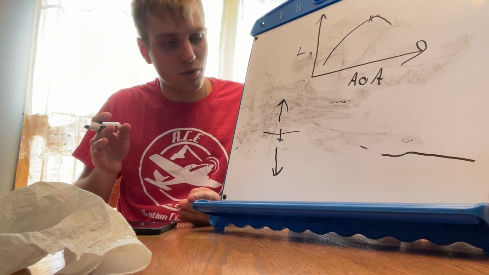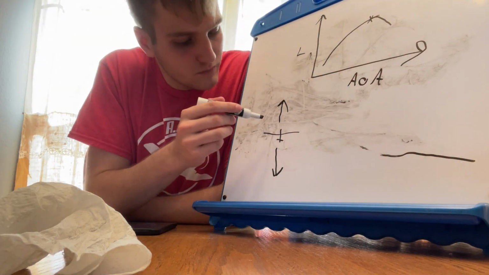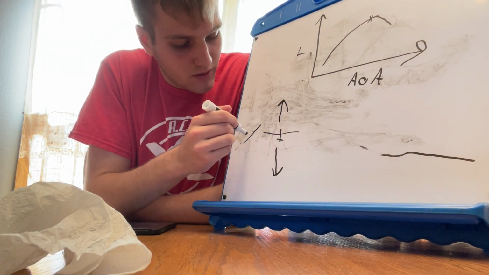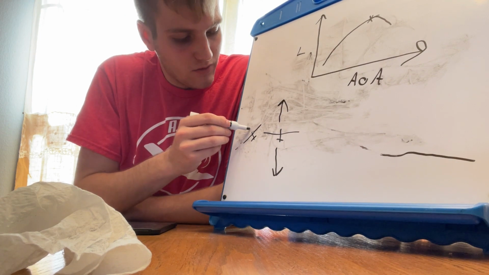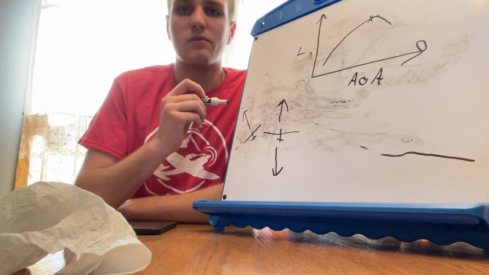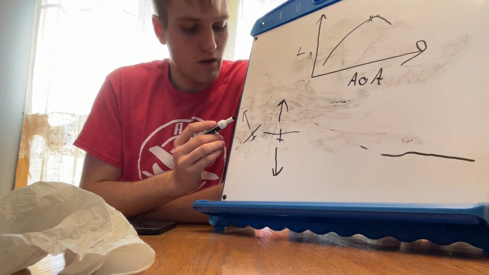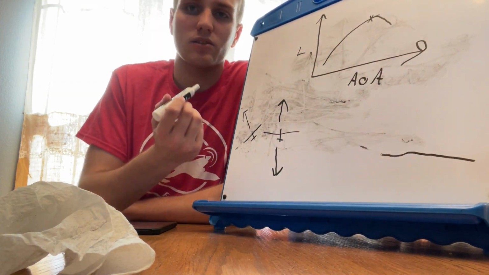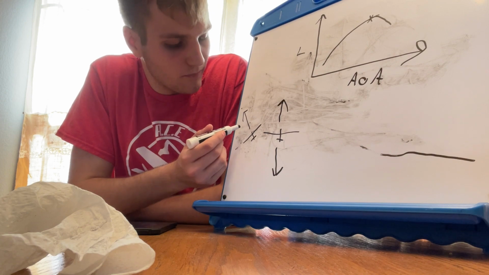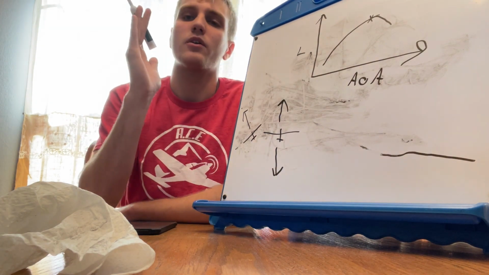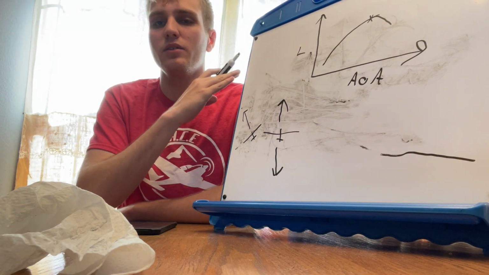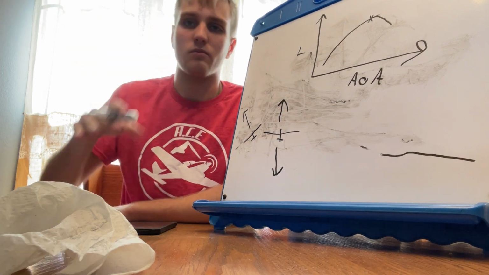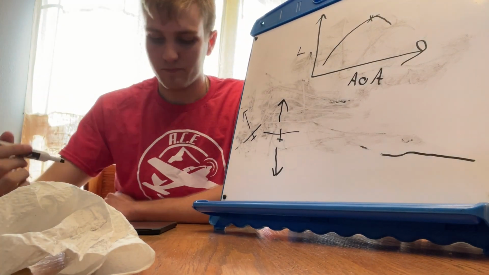As you get into a turn, say our airplane is now like this, that lift is now not completely vertical. So you have lift going up and you have lift going sideways, and that is actually how our airplane turns. As you roll, that vertical component of lift starts going sideways, and it pulls us into the turn.